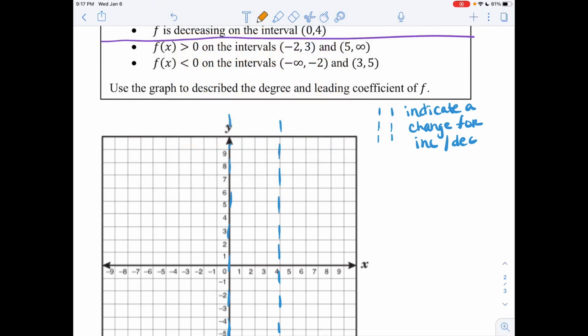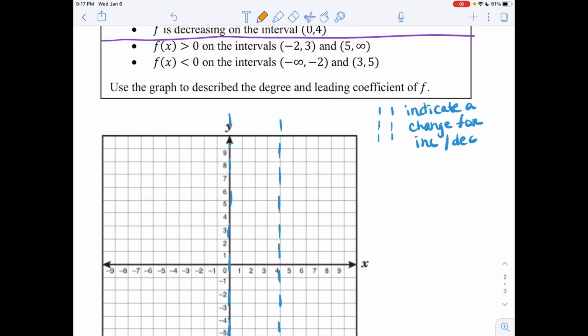So again, we're going to do a dot. It says that from negative 2 to 3, we are going to be above the x-axis. We're greater than 0.